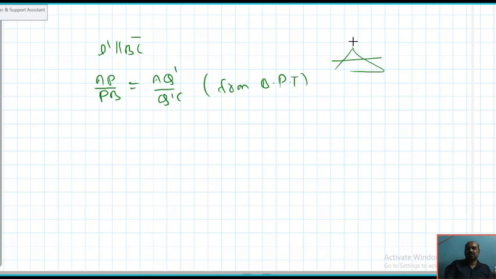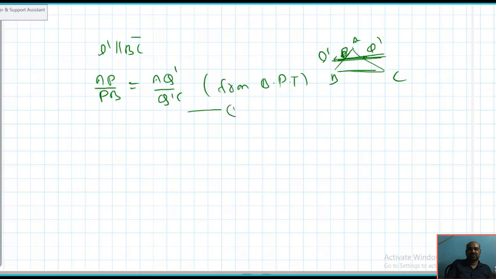For any triangle, if a line is parallel to the base, the line divides the other two sides in the same ratio. This is triangle ABC, this is L dash line, this is Q, this is P and this is Q dash.